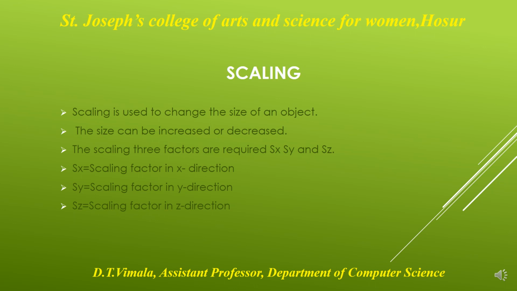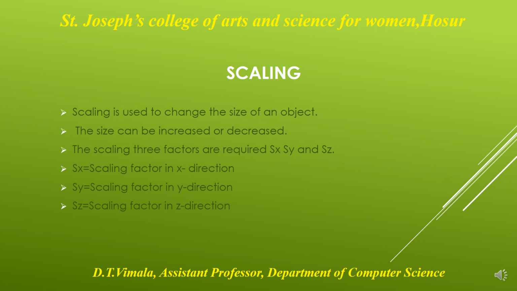The next transformation is scaling. Scaling is used to change the size of an object. The size can be increased or decreased. For scaling, three factors are required: Sx, Sy and Sz. Sx is the scaling factor in the X direction.